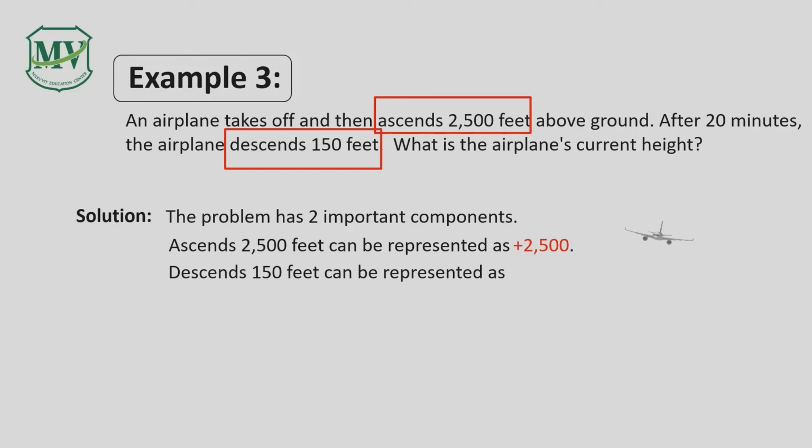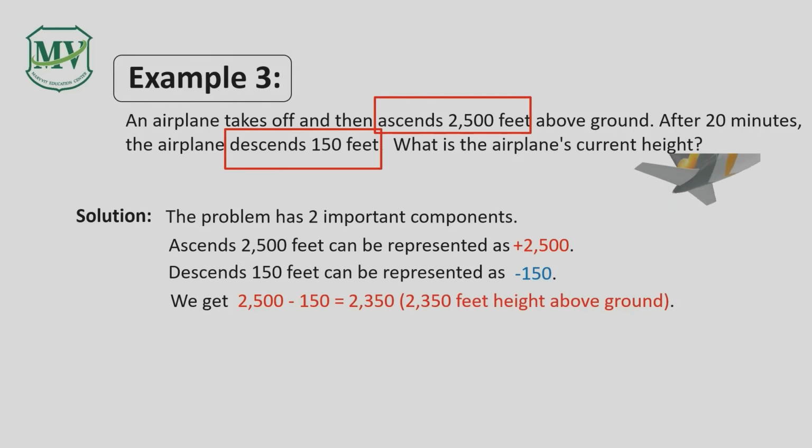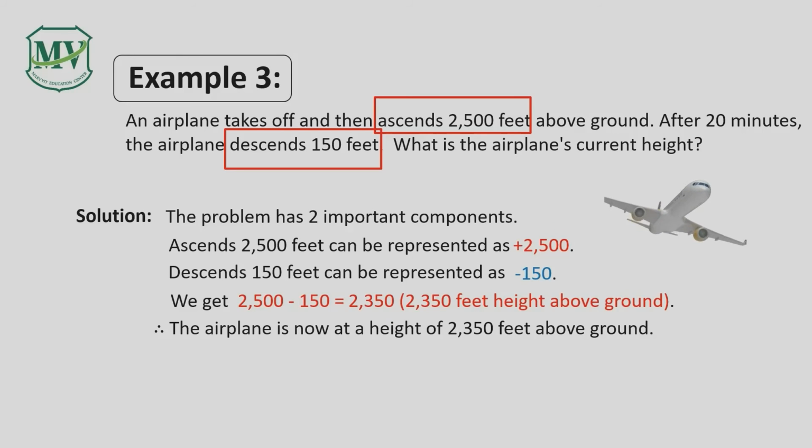Descends 150 feet can be represented as negative 150. We get 2,500 minus 150 equals 2,350, which means 2,350 feet height above ground. For the final answer, the airplane is now at a height of 2,350 feet above ground.